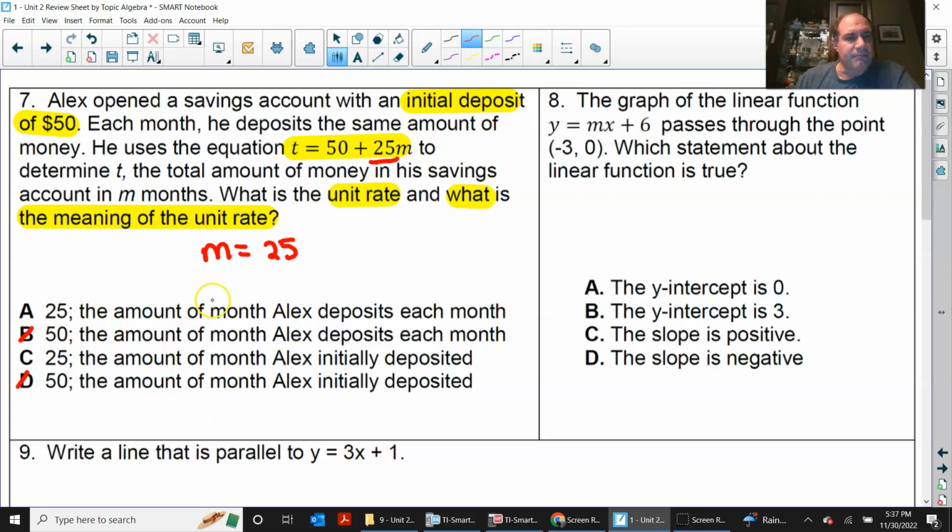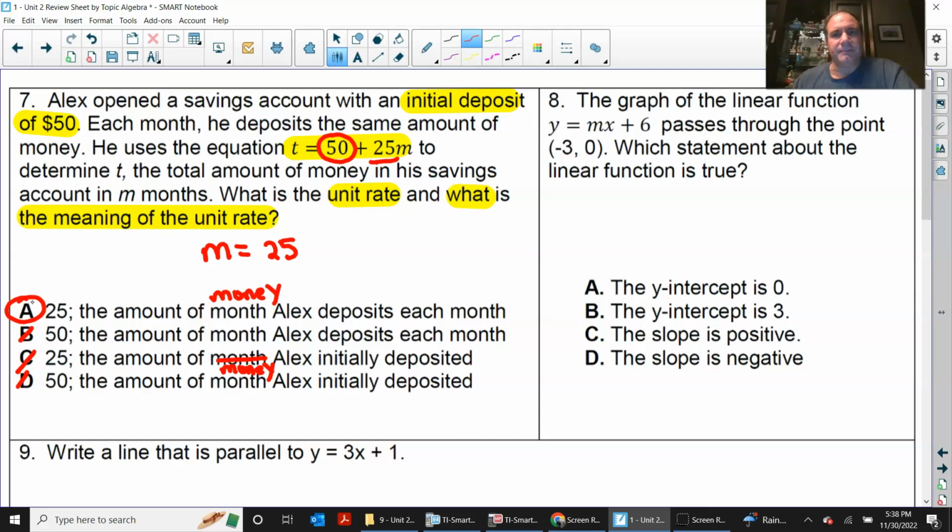So the amount of money Alex deposits each month, or the amount of money Alex initially deposited. 25 does not stand for the amount of money Alex initially deposited. 50 is the amount of money that was initially deposited. So this is out. The amount of money he deposits each month is A.